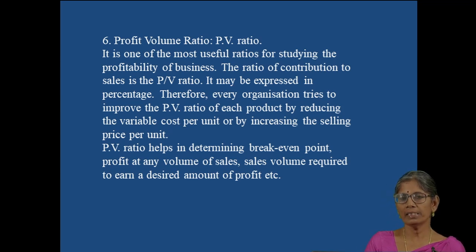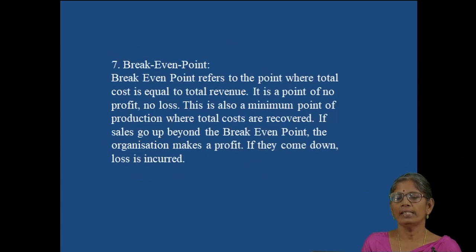It helps in determining break-even point, profit at any volume of output, or sales volume required to earn a desired amount of profit. These are the three uses of PV ratio.